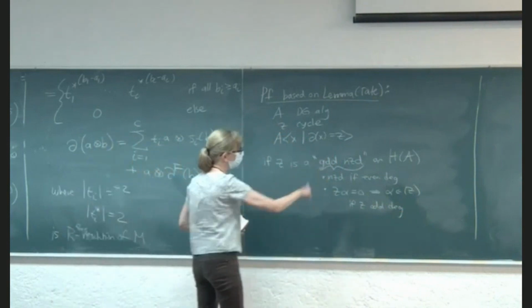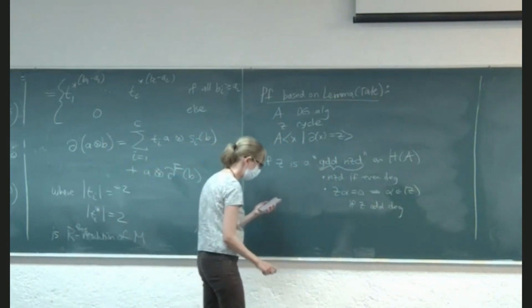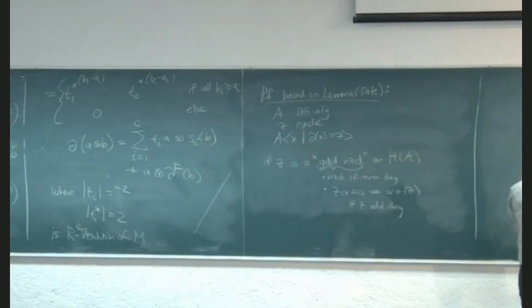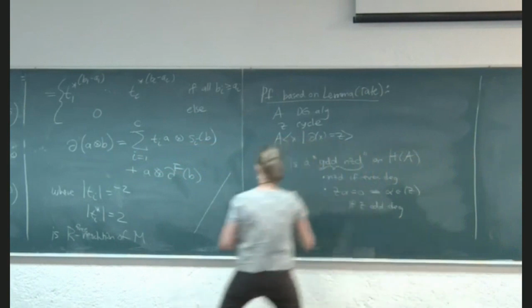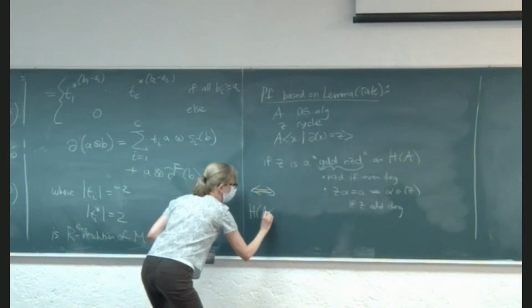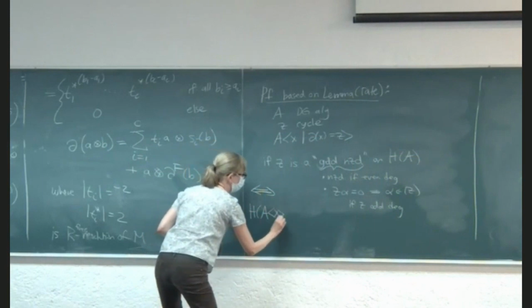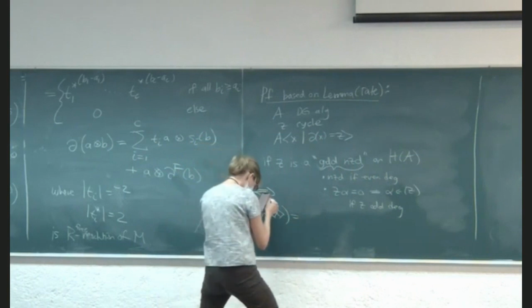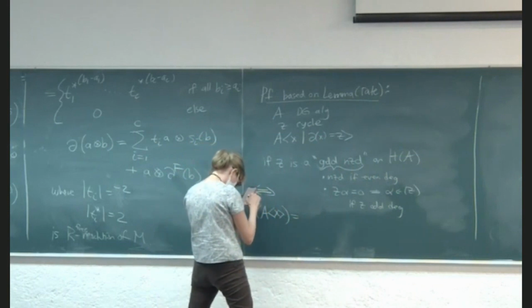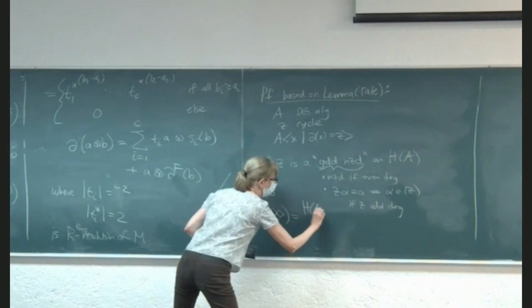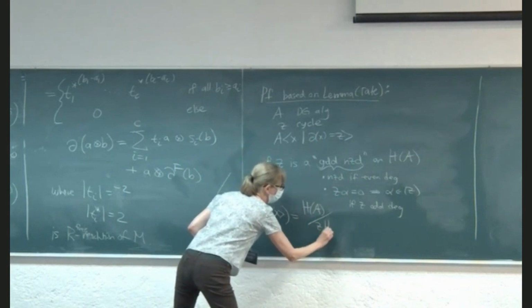So if that holds, then you did not create any bad homology. In fact, that's if and only if. I always forget that. The homology of this new thing you built, A of X, is actually just the old homology of A mod Z times the old homology.